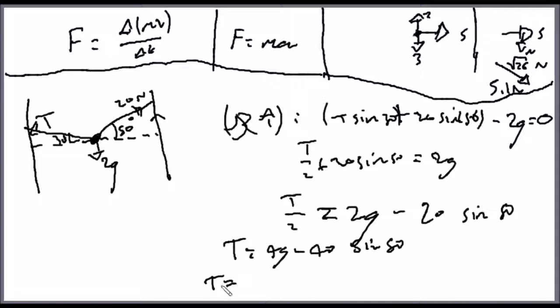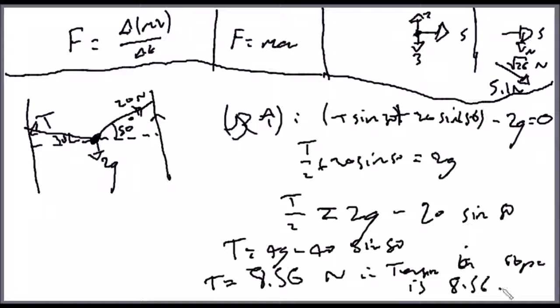So T equals, let me get my calculator here, 8.56 newtons. Therefore, the tension in the rope is 8.56 newtons.